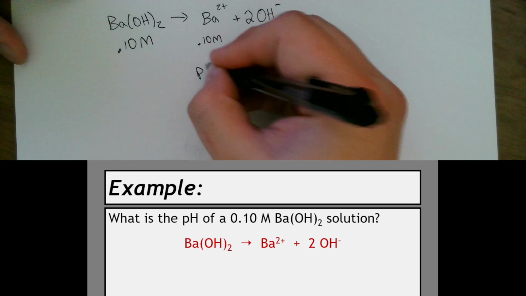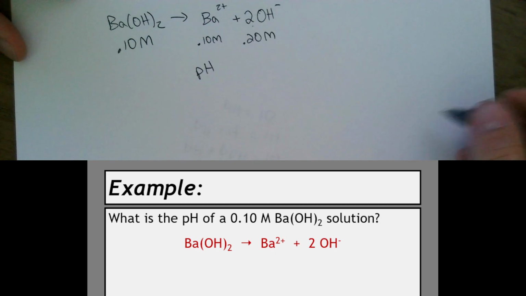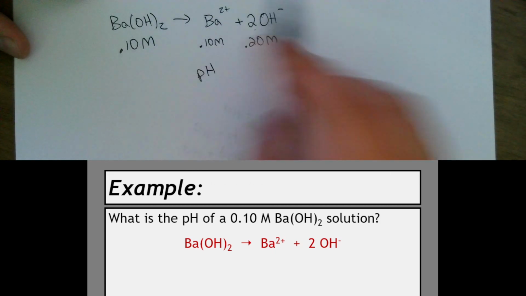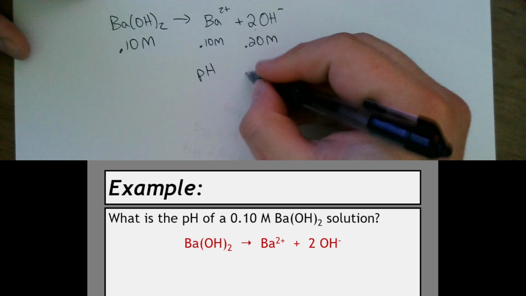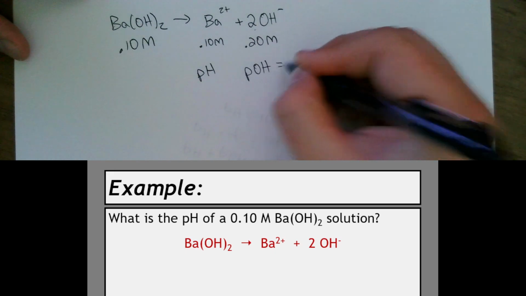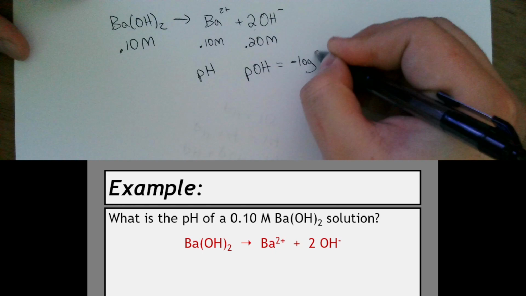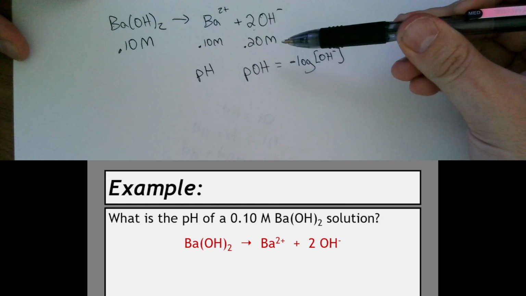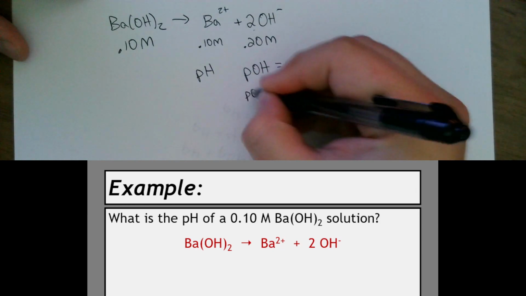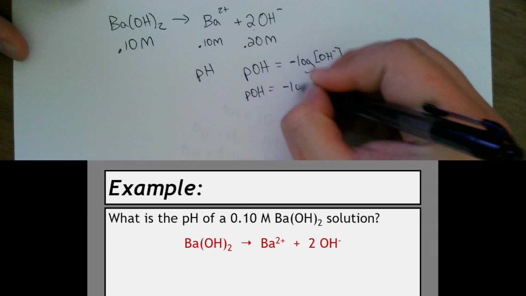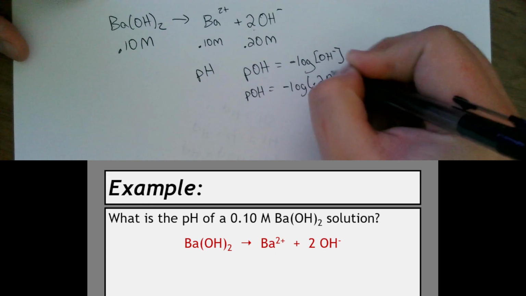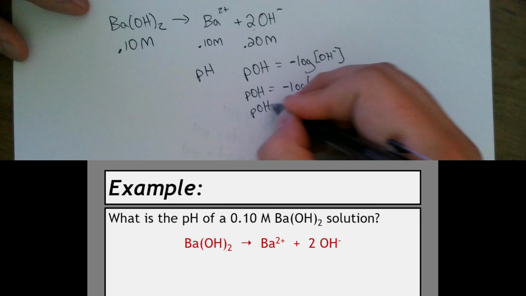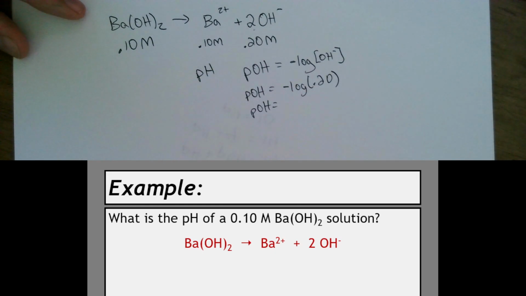So I want to find the pH of this to answer my question, but there's no H plus in this reaction, so I can't find it yet, but I can find pOH because pOH is the negative log of the hydroxide concentration, and that is what we have right here. So for pOH, I'm going to plug in negative log of 0.20. Plug that into my calculator. If logs freak you out, you just have to plug it into your calculator.